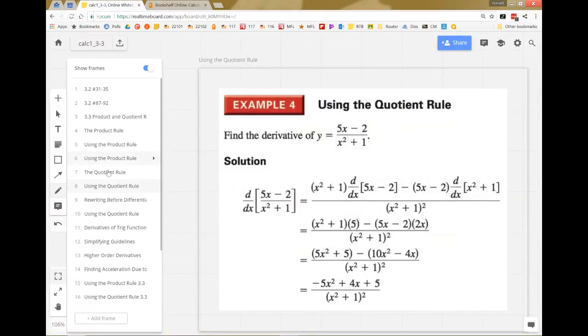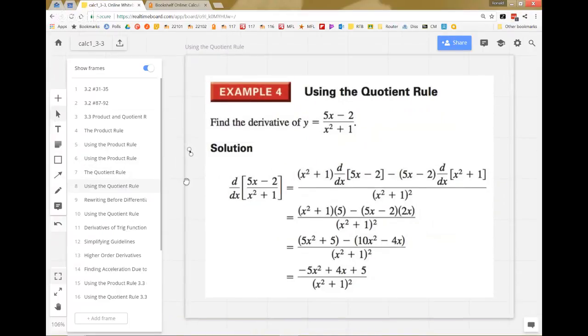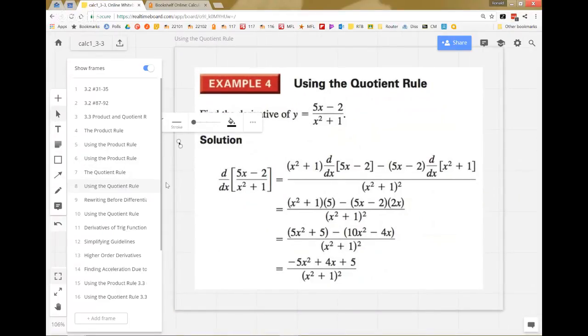So let's take a look at this Example 4 in the book. Okay, so we have the quotient of two things, 5x minus 2 over x squared plus 1. Now, in the past, we relied on algebra to bail us out. Like, can we factor? Can we use the conjugate rule?